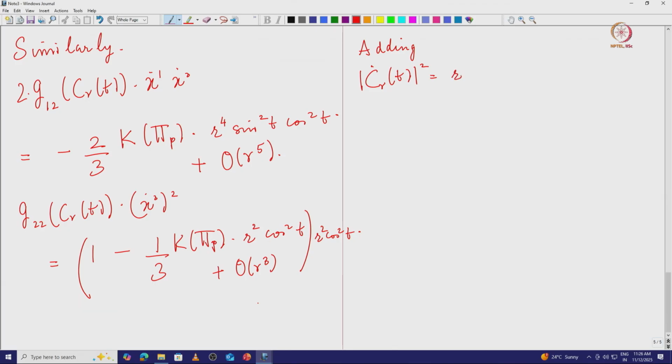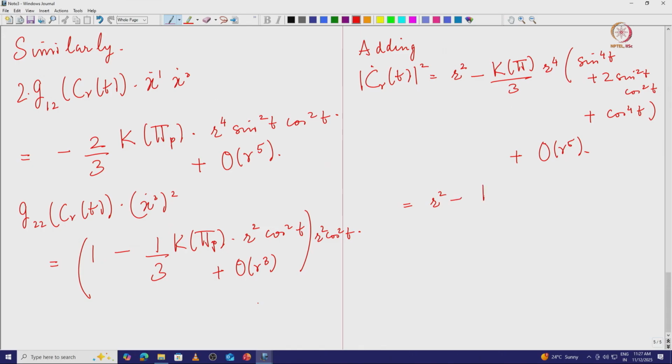So you get r squared minus the sectional curvature term by 3 r to the 4 times, in the bracket, sine 4t plus 2 sine square t cos square t plus cos to the 4t, and then the higher order term order r to the 5. So again the stuff in the bracket is just sine square t plus cos square t whole squared. So eventually you are just going to get this.